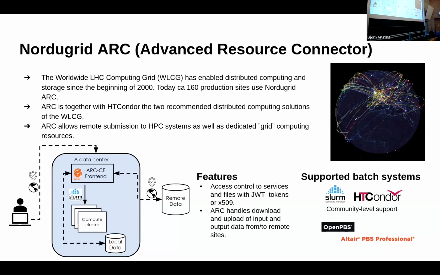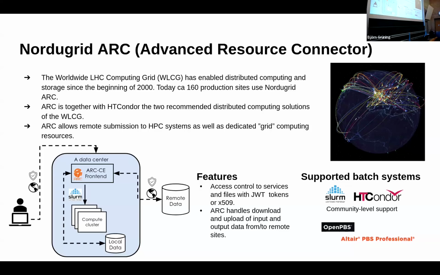It works as an organization, first by joining several institutions together to pool their resources for the analysis. It has existed since the year 2000. Now there are about 160 production sites using the grid, and also Arc.